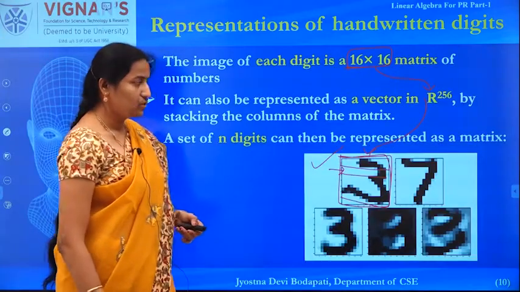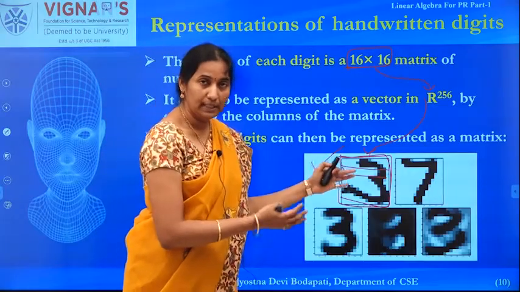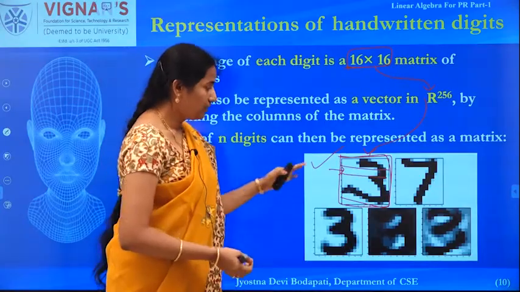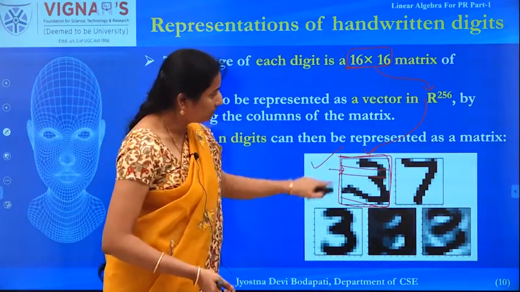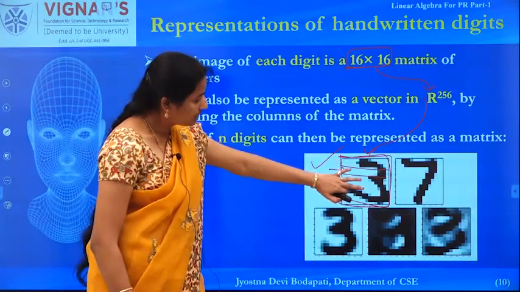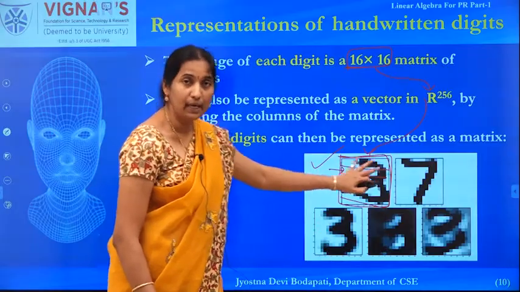So if you have more images, the input to the machine learning algorithm is always a set of images, right? If it is only one image, I can pass a 256 dimensional vector, but in this case I need to pass a set of images. Say for example, n images.